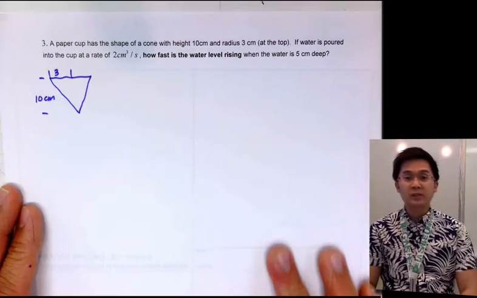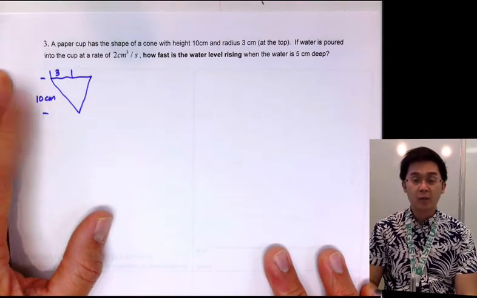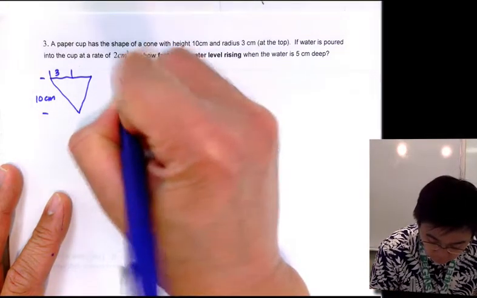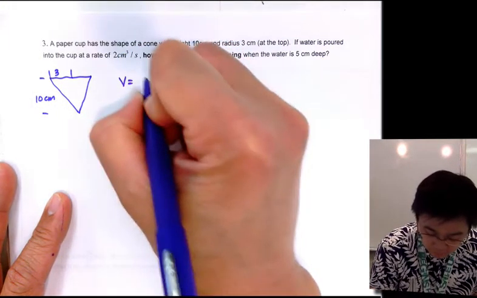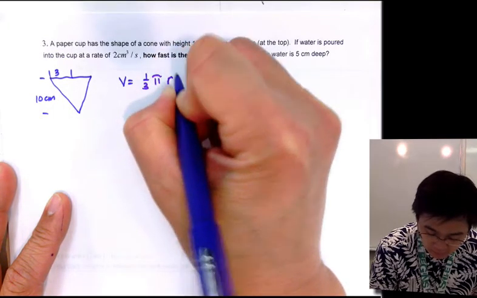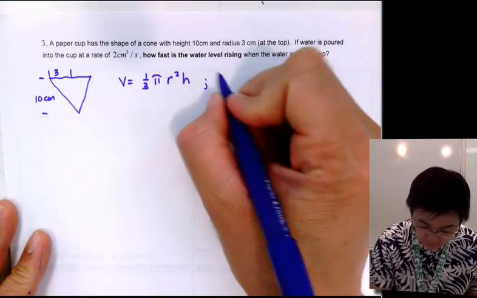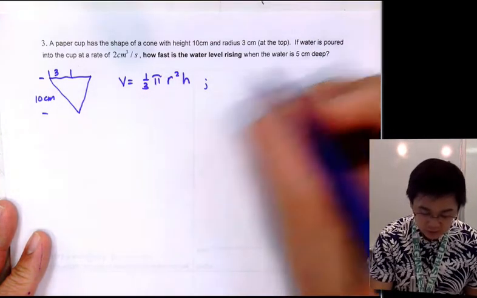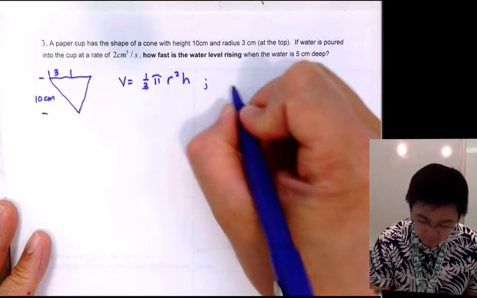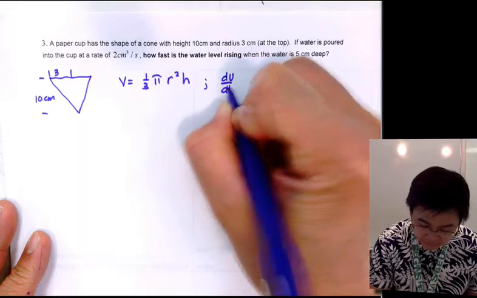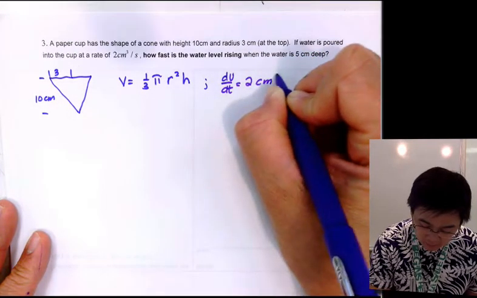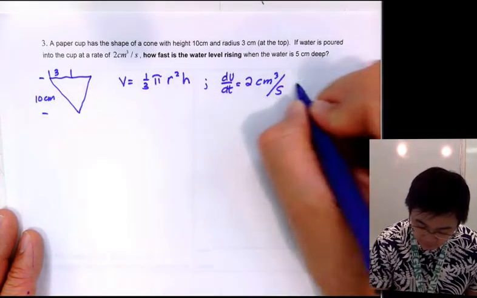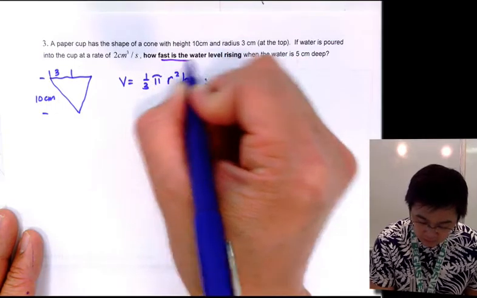So this is very important because this will help us modify the formula for the volume of the cone, because the formula for the cone is going to be 1 over 3 pi r squared h, and the dV dt, which is the rate of change of the water when they're pouring it into the cup. So we have dV dt 2 cubic centimeters per second, and we need to find how fast the water level is rising.